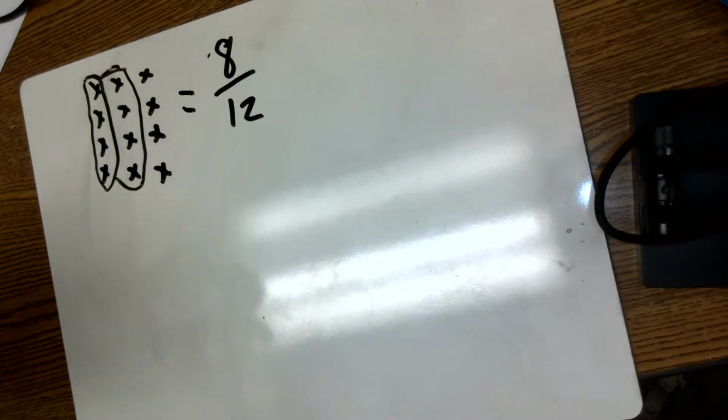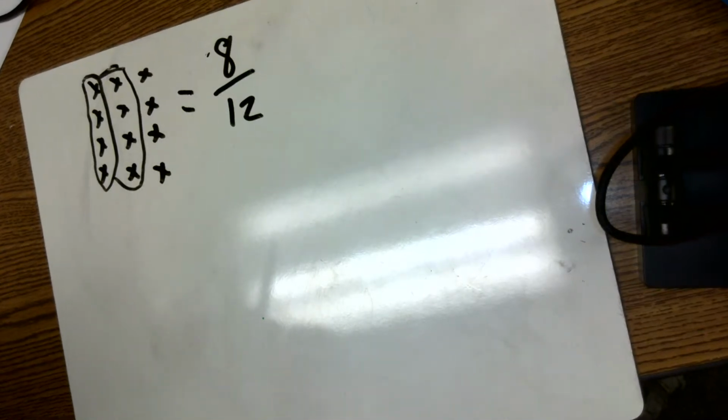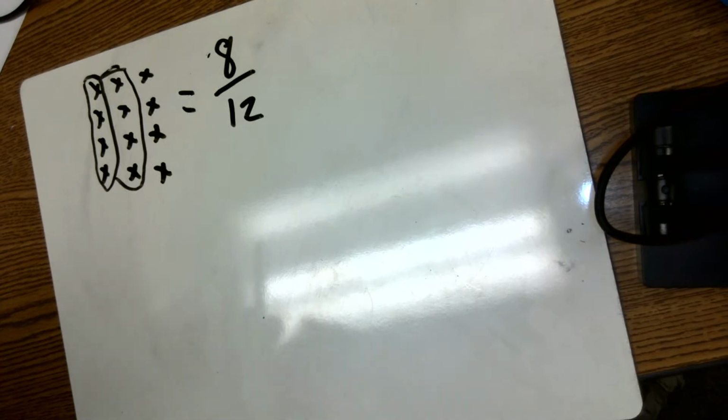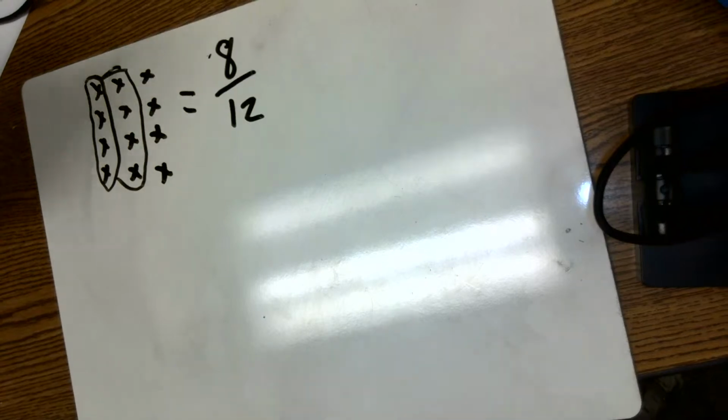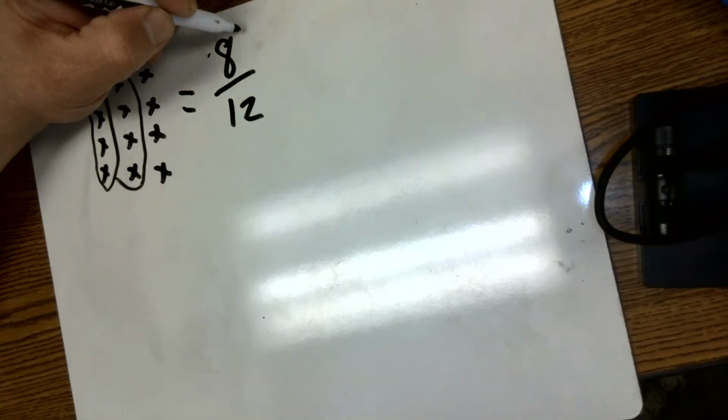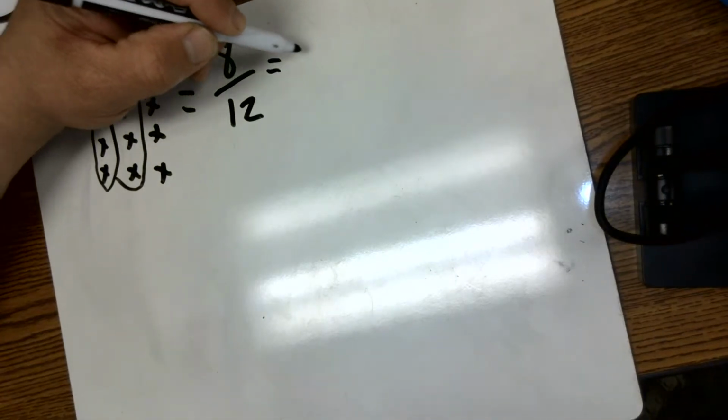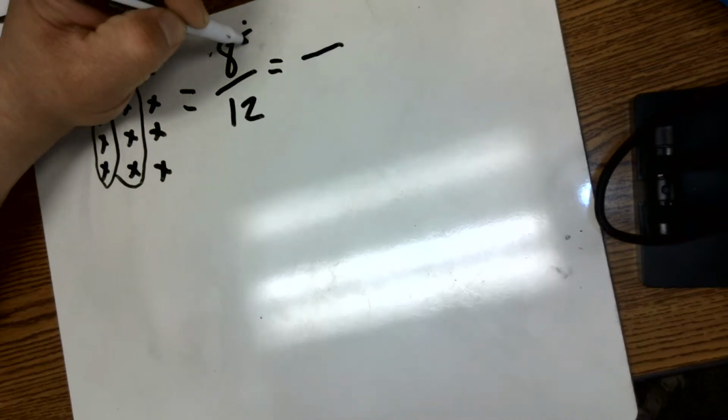What number divides into 8 and into 12? 4, right? Okay. So let's say you divided both sides by 4. Right?